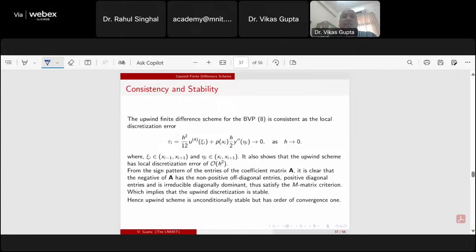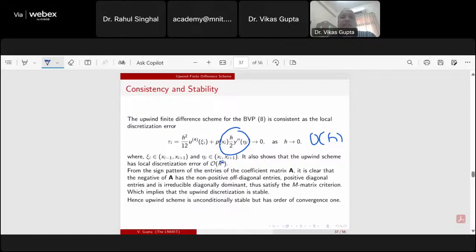The upwind finite difference scheme is consistent as the local discretization error is this. You can notice that because of this term, the upwind finite difference scheme is accurate only of order h.